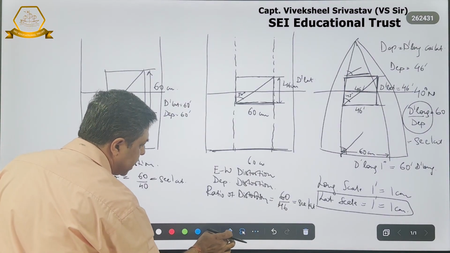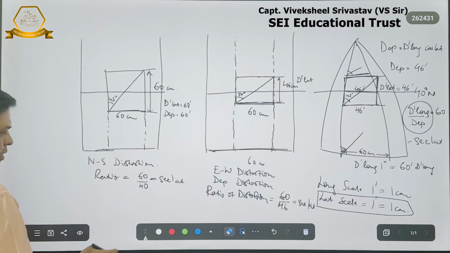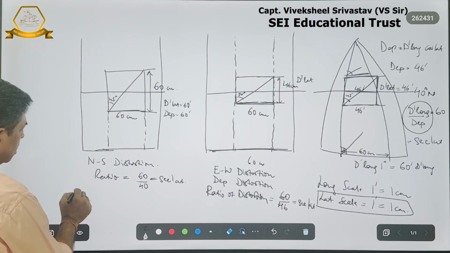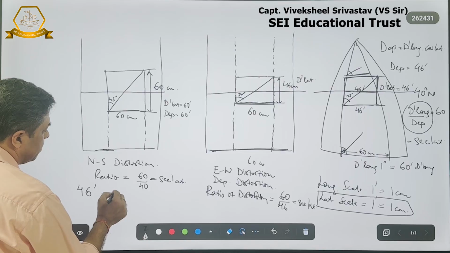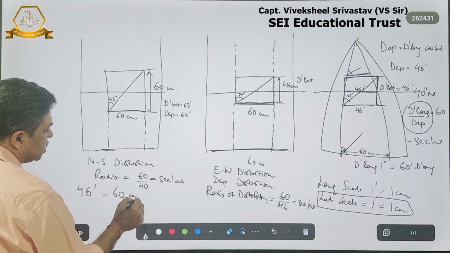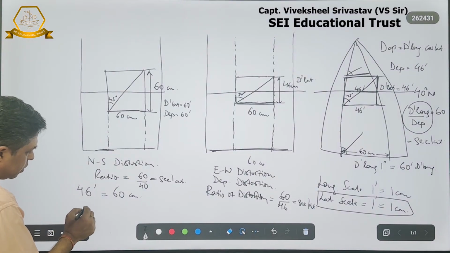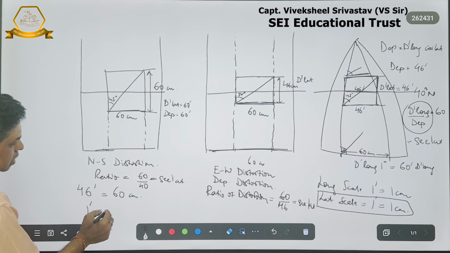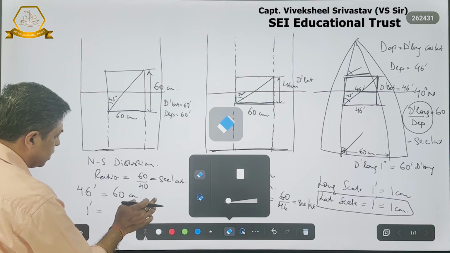Or let's write it the other way around. 46 minutes is equal to 60 centimeters. So how much will 1 minute be equal to? Or let me see.